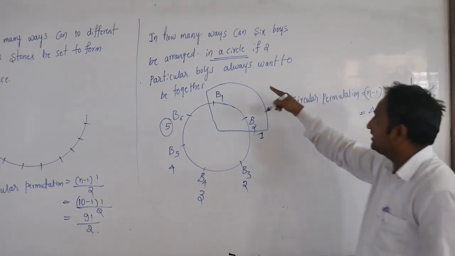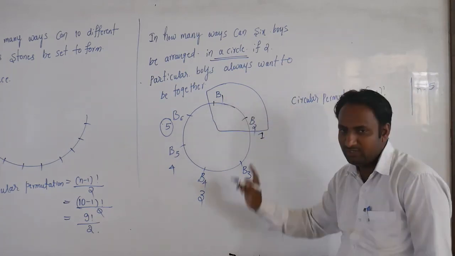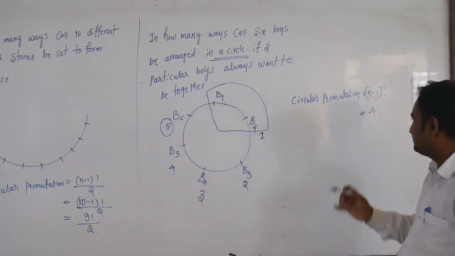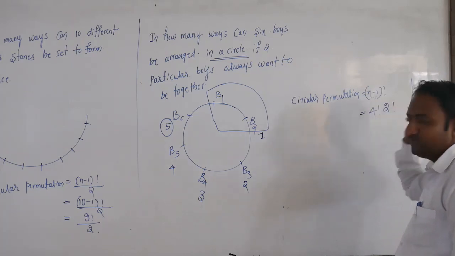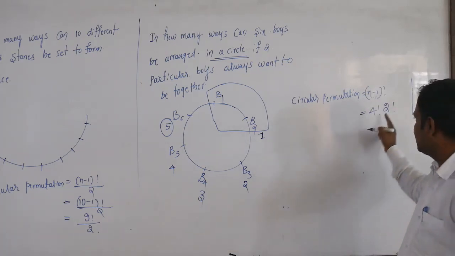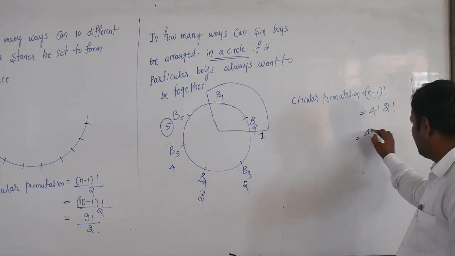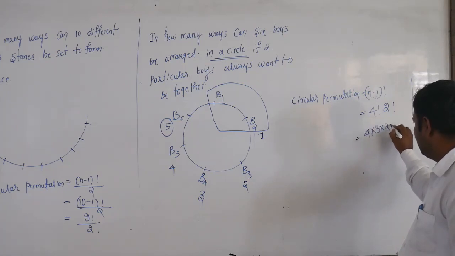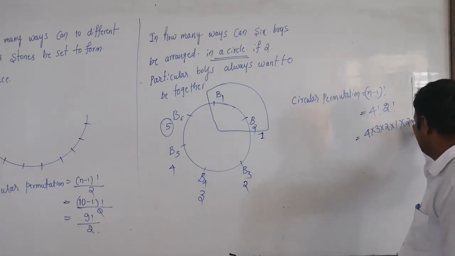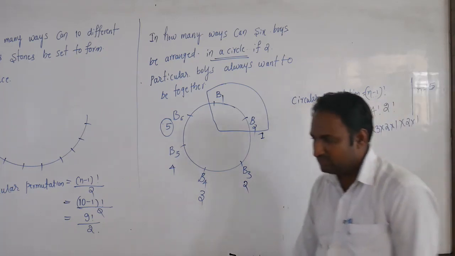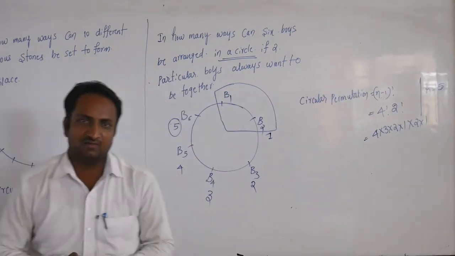Then, since B1 and B2 always want to be together, they can be arranged among themselves in 2 ways. So the answer is 4 into 3 into 2 into 1 into 2. Simplifying, we get our answer.